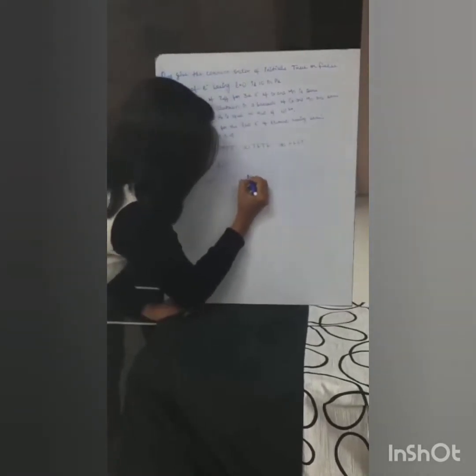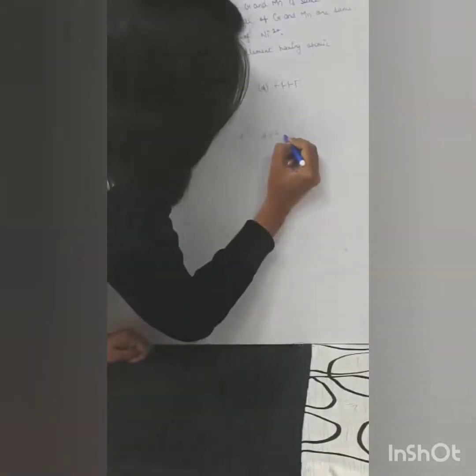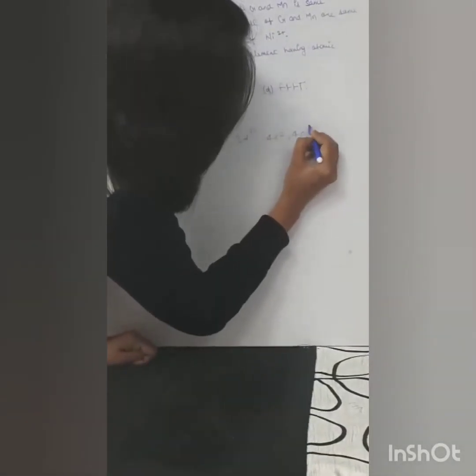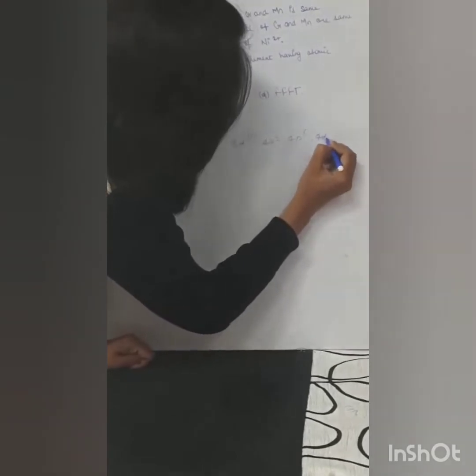So the electronic configuration will be 1s2, 2s2, 2p6, 3s2, 3p6, 3d10, 4s2, 4p6 and 4d10. The value of L is 0 in S, always.